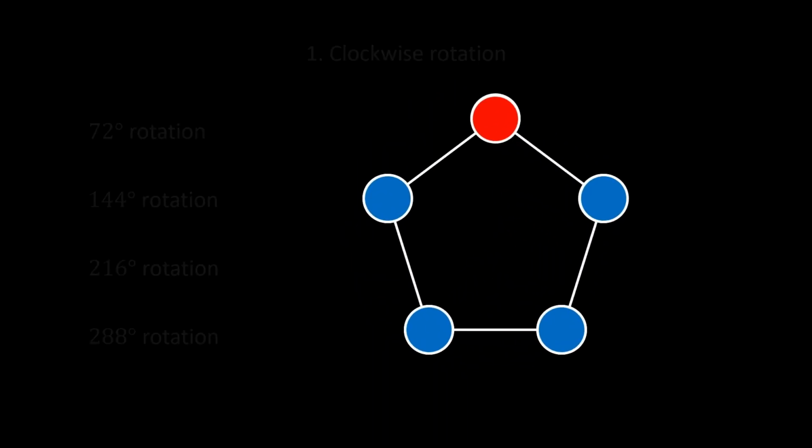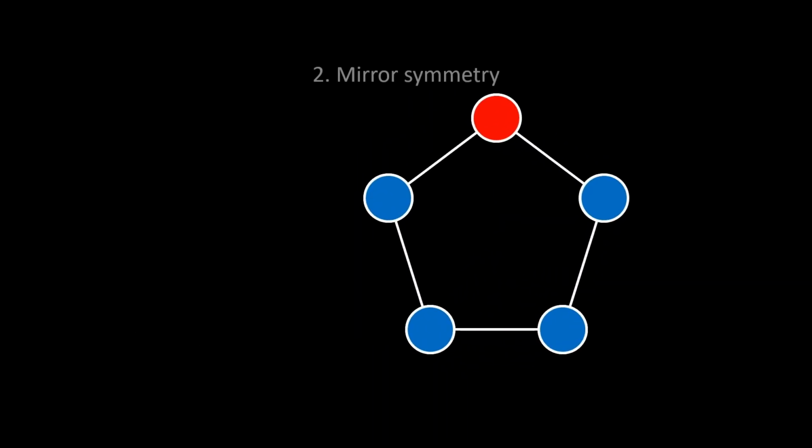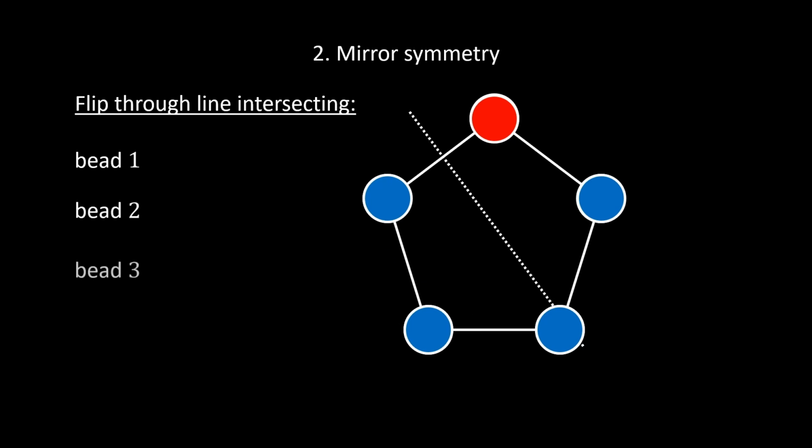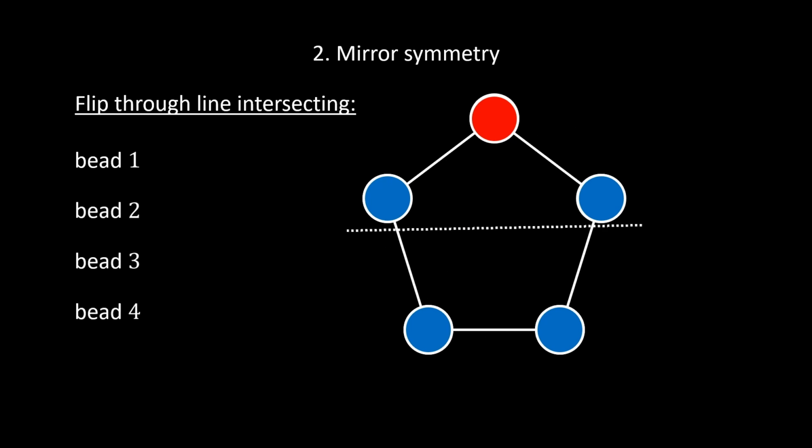The second symmetry is the flipping of the necklace. We do this by drawing a line through the center of the necklace and a numbered bead. We then flip the necklace in this line. This symmetry is called mirror symmetry. There are 5 such lines, which have mirror symmetry.